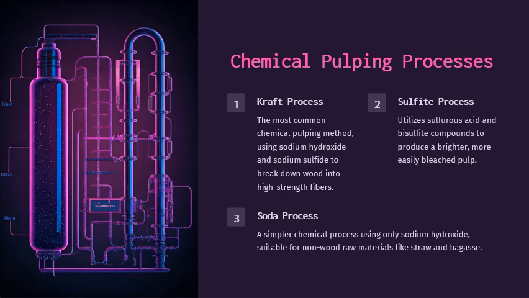We have the sulfite process, which utilizes sulfurous acid and bisulfite compounds to produce a brighter, more easily bleached pulp. The soda process is a simpler chemical process using only sodium hydroxide, suitable for non-wood raw materials like straw and bagasse.